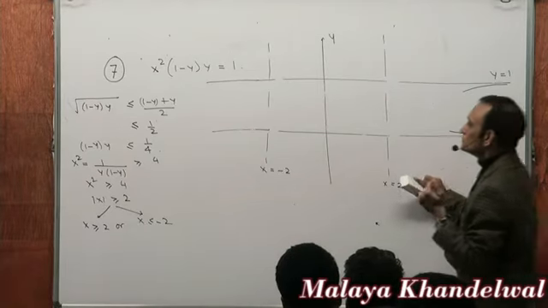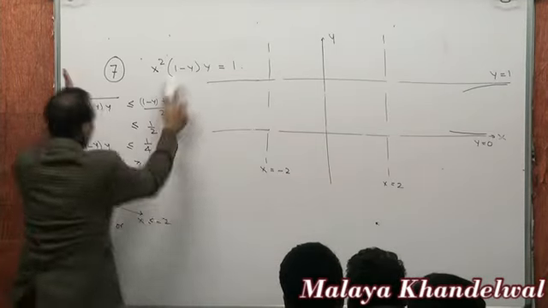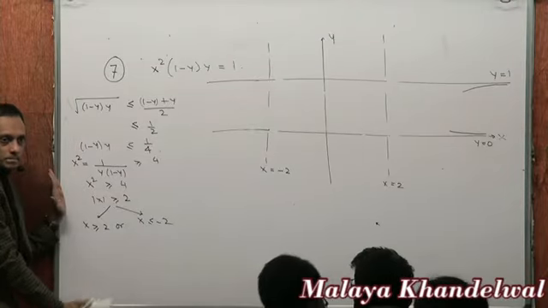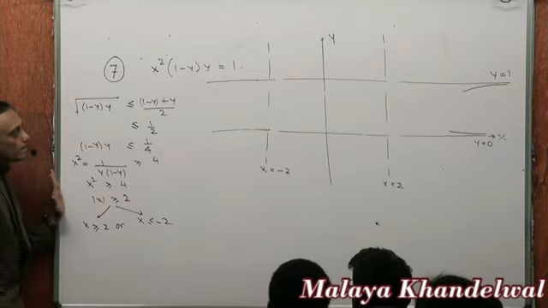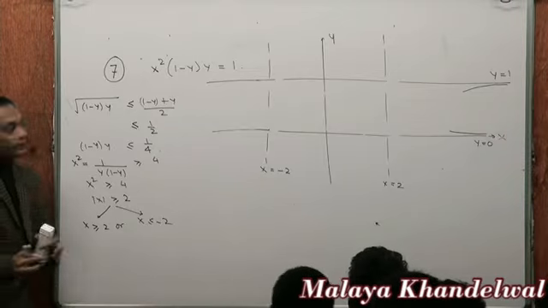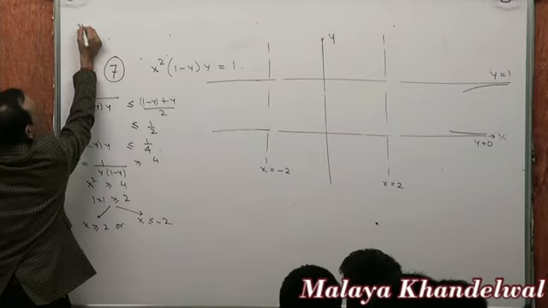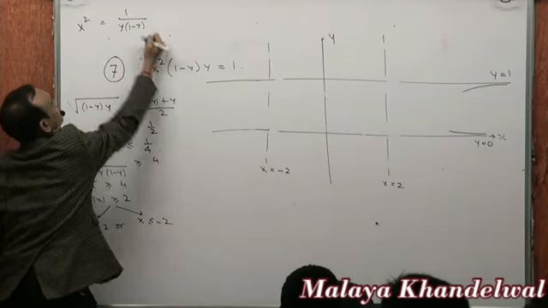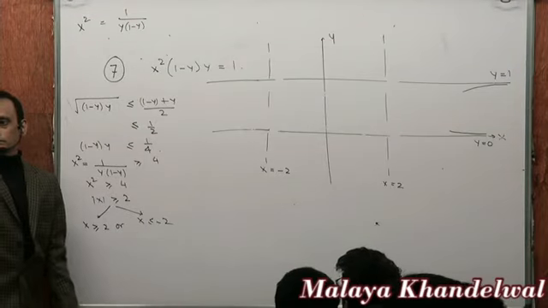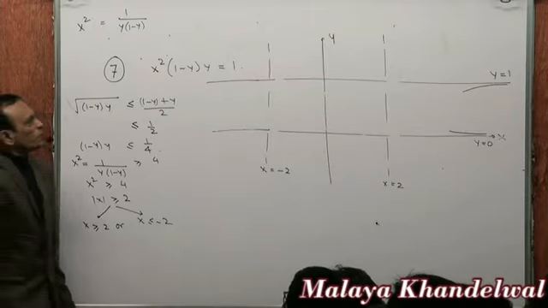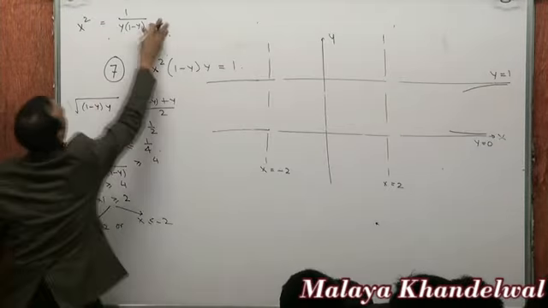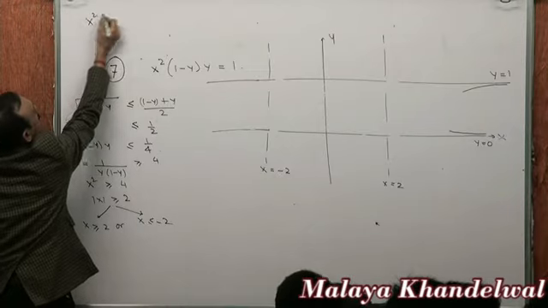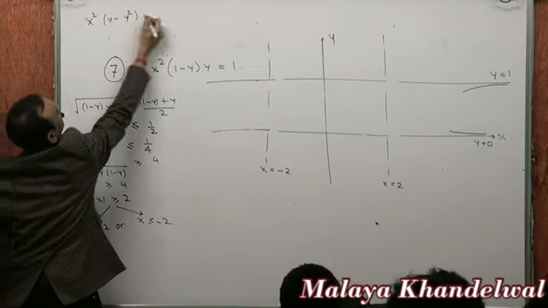Good. Now, can I remove this part? What is x squared? X squared is 1 by y into 1 minus y. Or what I could do is say, this is x squared into y minus y squared is 1.